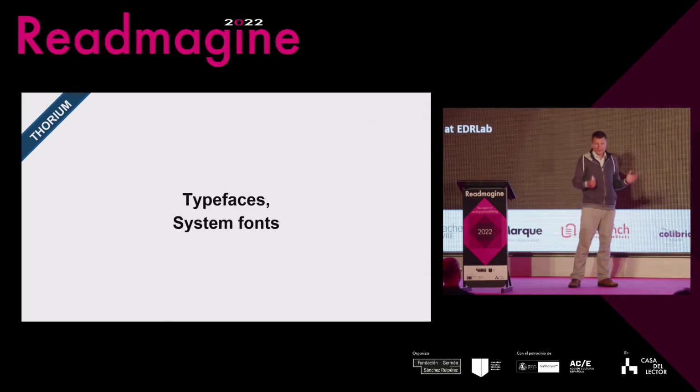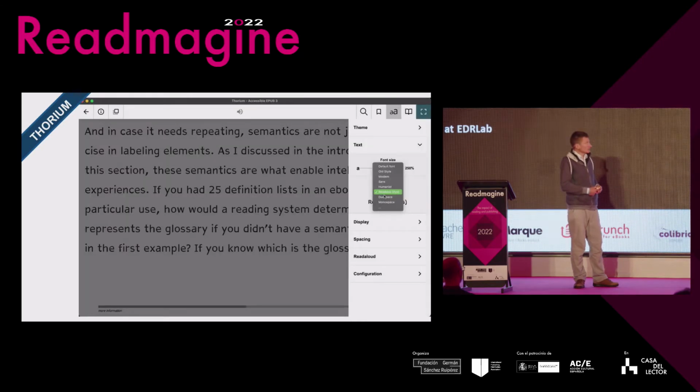So let's talk about typefaces and system fonts, by which I mean the operating system, the fonts that are available on my Windows or Mac or Linux. If you look on the right-hand side here, you can see a font chooser, or a font picker. Thorium comes with a very small selection of fonts, sans serif, serif, monospaced, and also this particular one, which benefits readers with dyslexia.